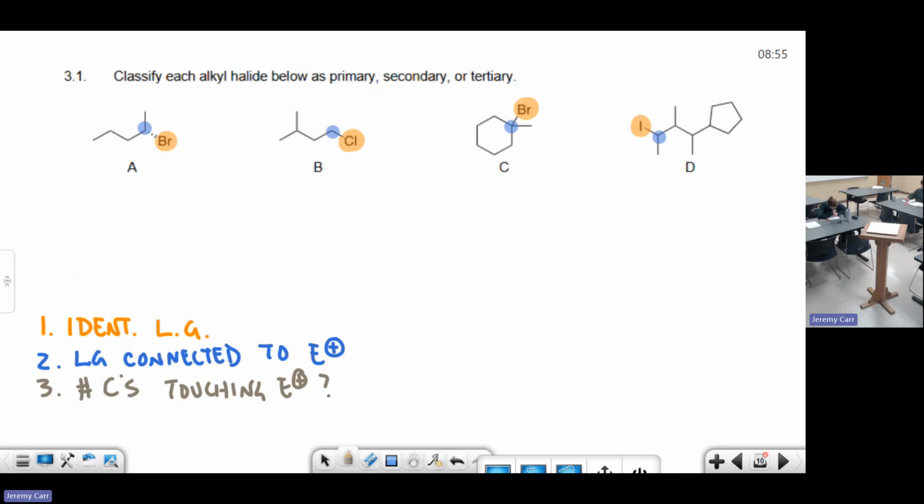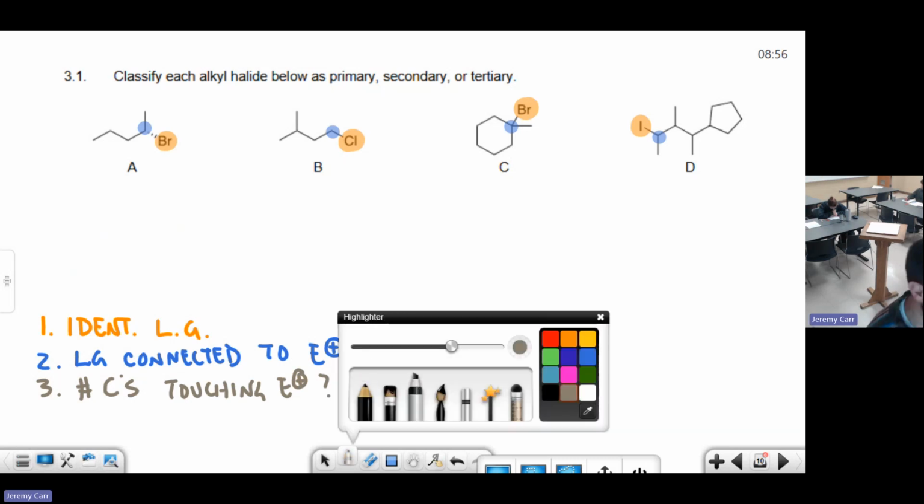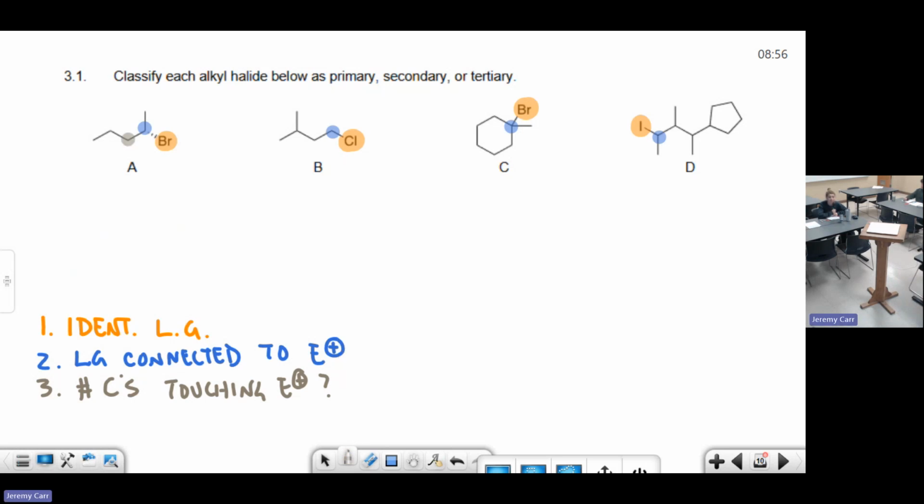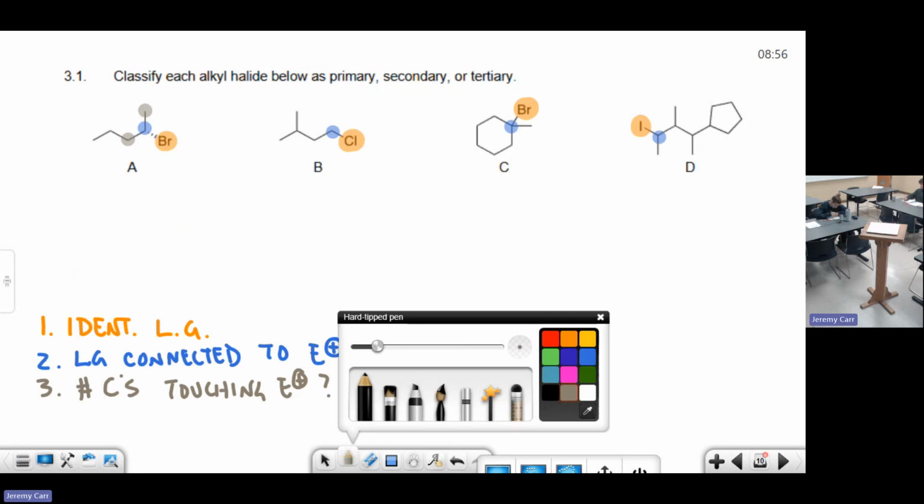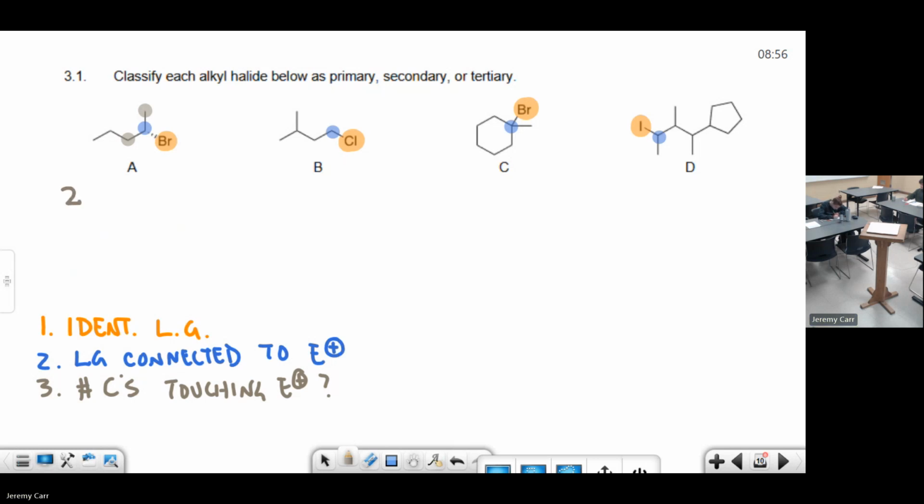Okay, so we look at A, and you say, how many carbons are touching the blue carbon? This is simple. Ready? 1, 2. So this makes this what type of alkyl halide? We call it a 2° RX, or more specifically, we call this a secondary alkyl halide.